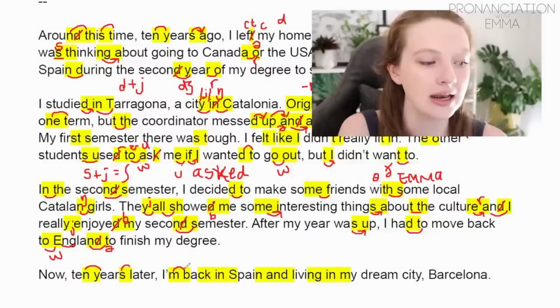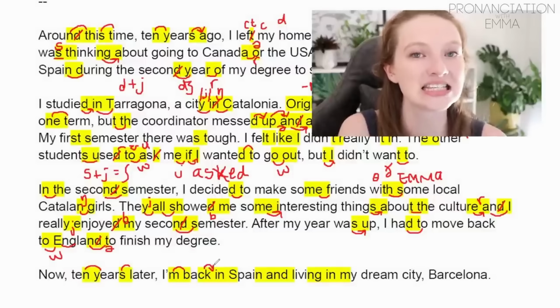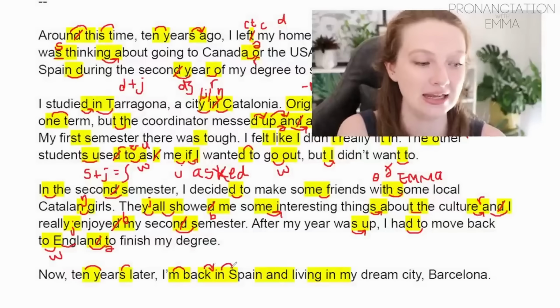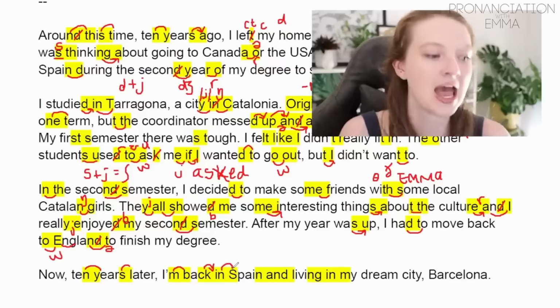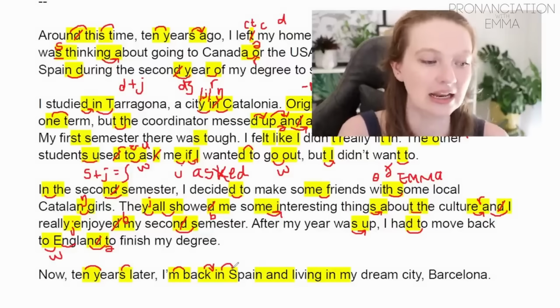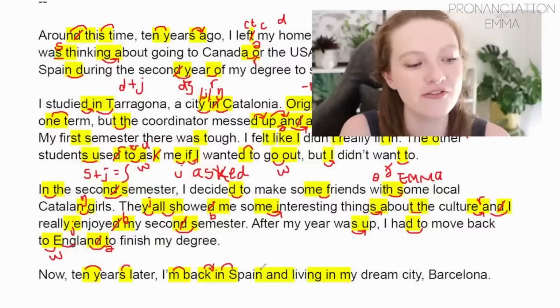Now, 10 years later, I'm back. So we're not saying "I'm back, I'm back", okay? I'm back in Spain, in Spain. So notice that my tongue isn't moving, not "in Spain", but "in Spain". This is what I'm talking about when I'm saying connected speech. I'm back in Spain and living. So these here, Spain and living.